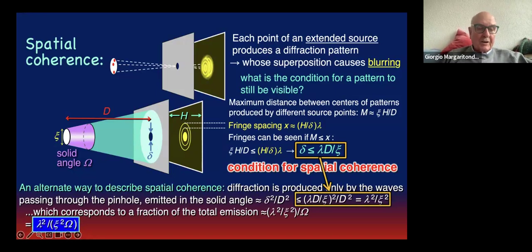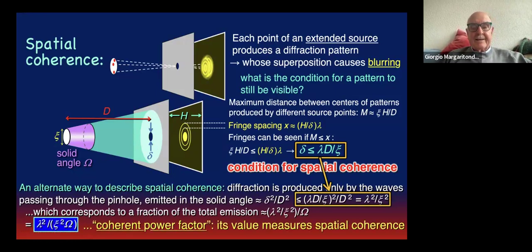This is what is called the coherent power factor, and it is the most effective way to measure spatial coherence because it puts together not only the dimension of the source, but also the fact that there is an angular spread of the emission, and therefore much of the emission or a part of the emission is lost as far as producing a visible diffraction pattern is concerned.